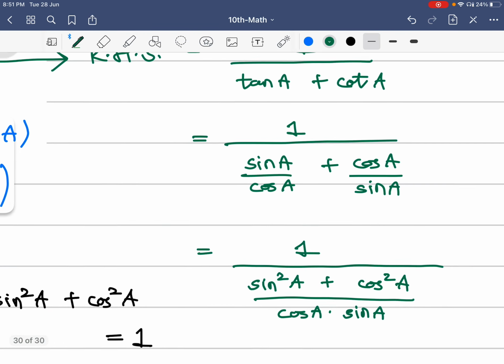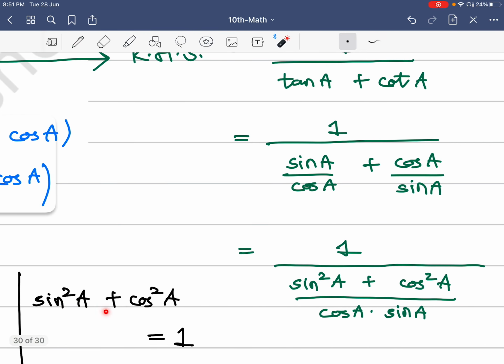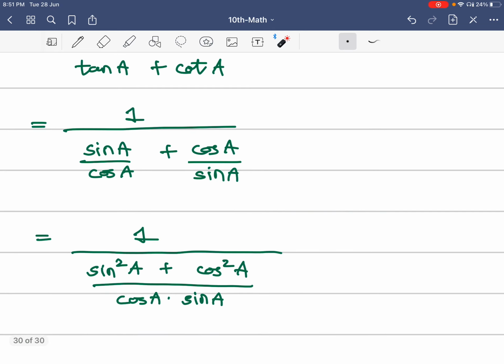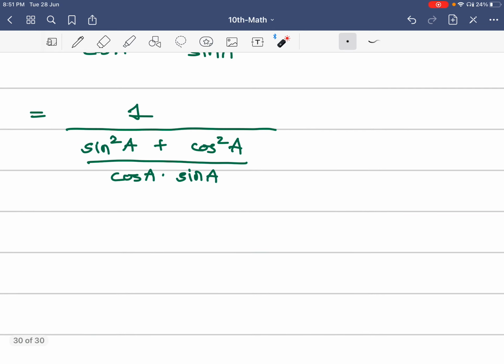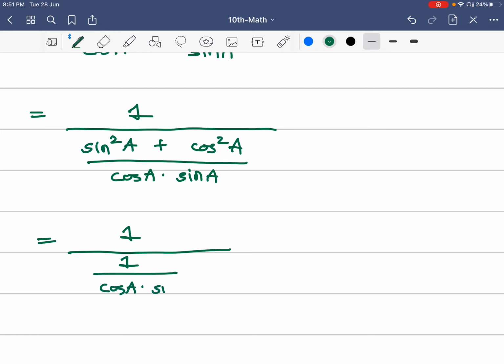Now once again we have this identity, sine square A plus cos square A is equal to 1. So I'm going to substitute that here. That is going to be 1 the whole upon 1 divided by cos A into sine A. And now this cos A into sine A will come into the numerator.